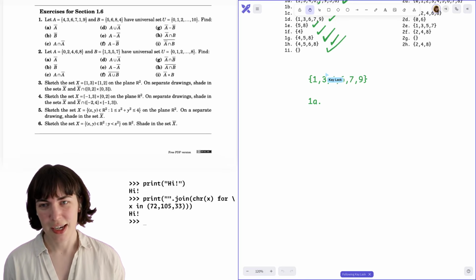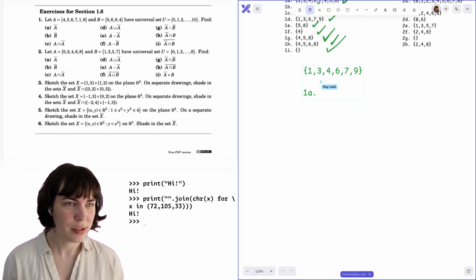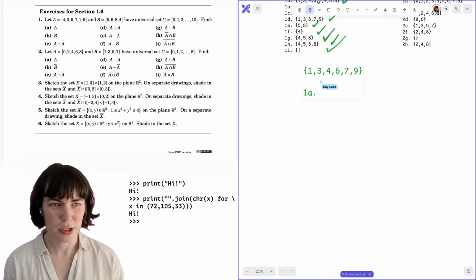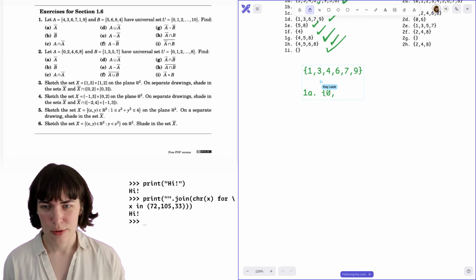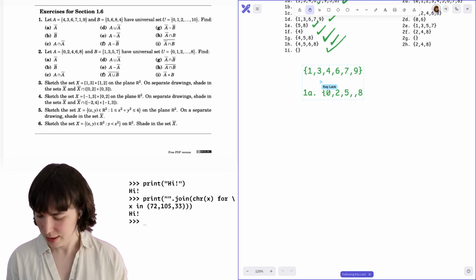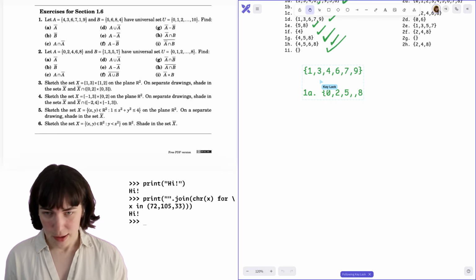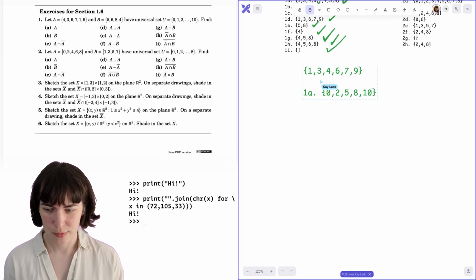It's not even a computer science textbook. It can't be that it's trying to discipline me into sorting things. It's just making it awkward to do. Okay, 0, not 1, 2, not 3, not 4, we want 5, not 6, not 7, 8, and then 10. Okay.